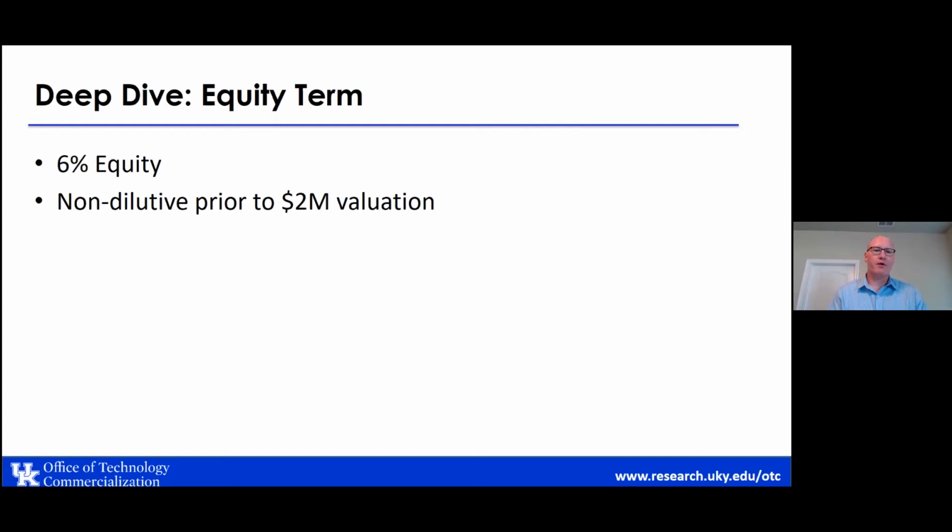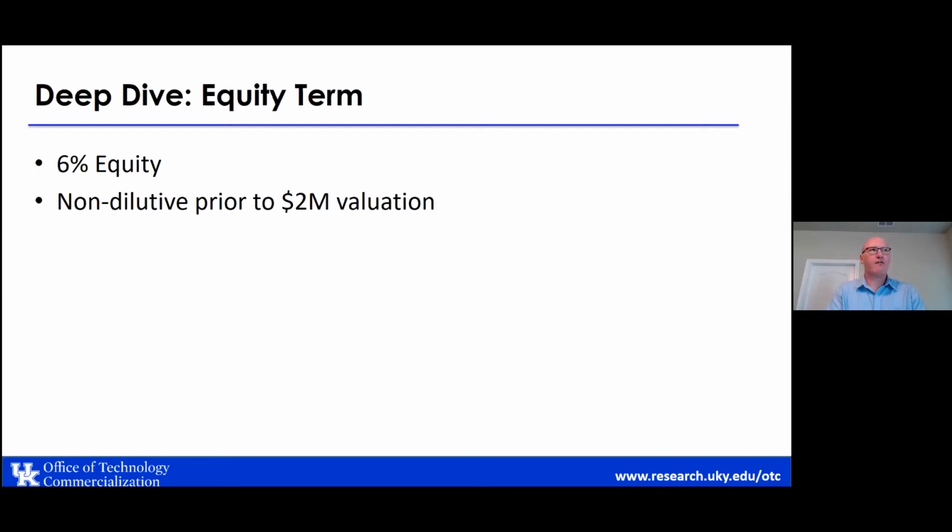So whenever you do an investment round, there's going to be some type of valuation set on the company. And when that valuation exceeds $2 million, then the university's equity piece dilutes, just like all of the other founders of the company and other equity shareholders of the company dilute. So we're in the same boat that you are after you get to that point.